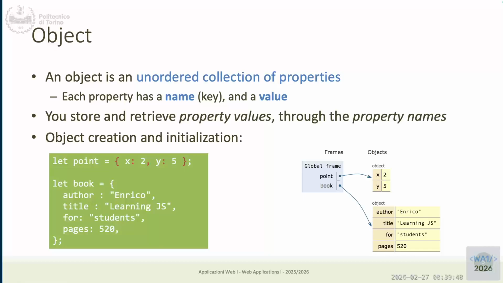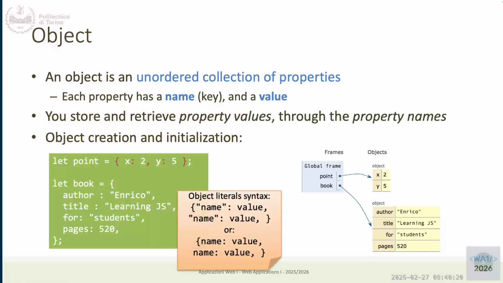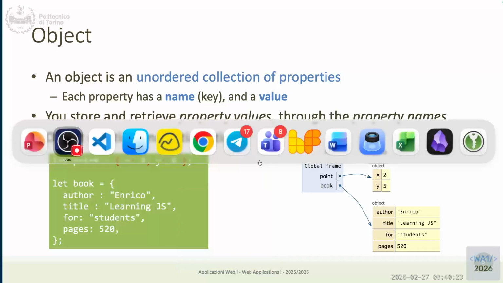So the creation of a new object is just braces, and then you can list the properties you want, with a name for the property and the initial value for that. That will create objects which are sort of entry tables with the names and values for each of the properties.